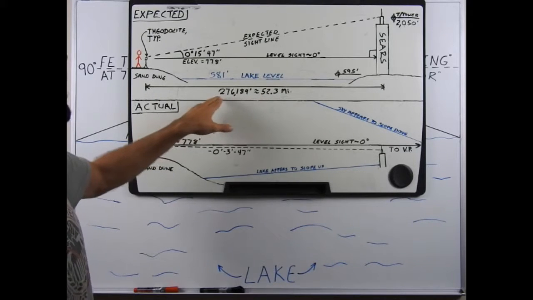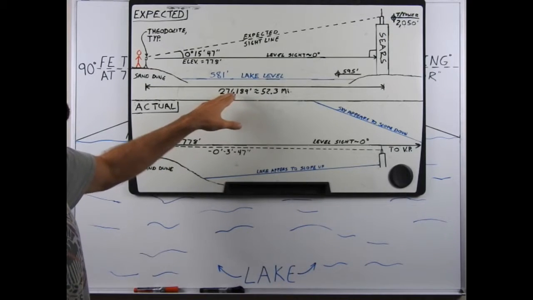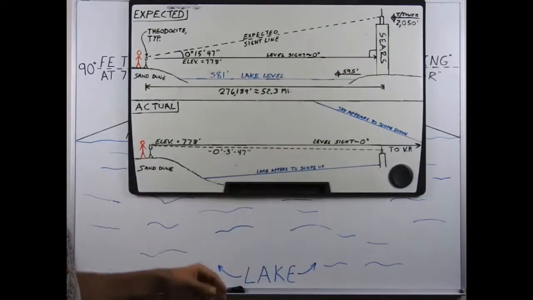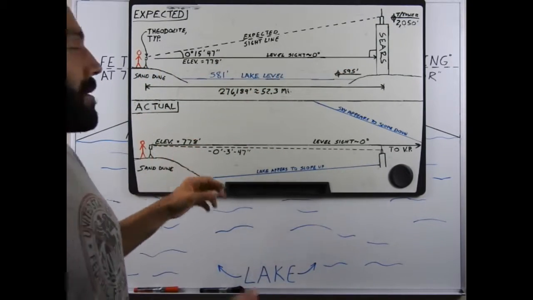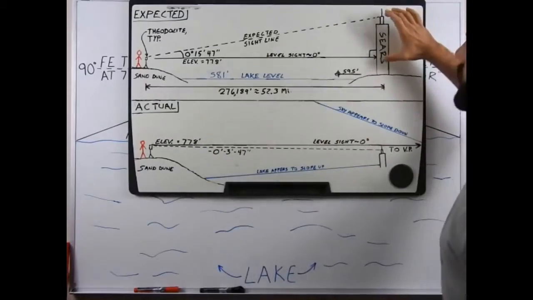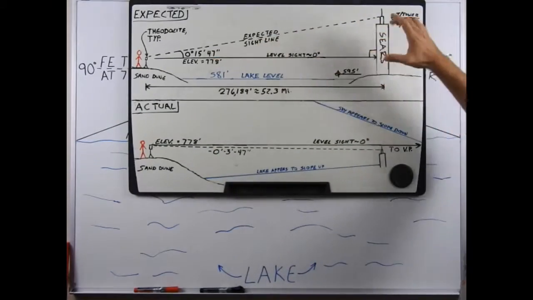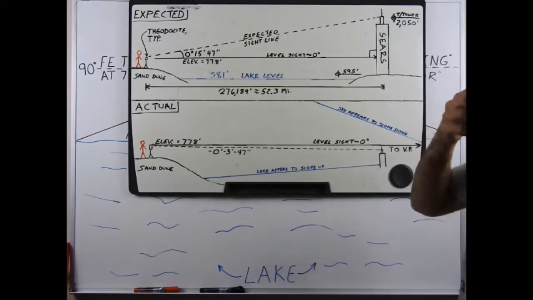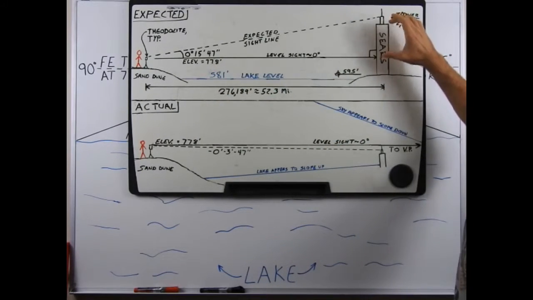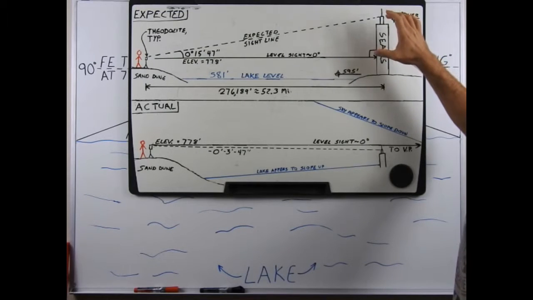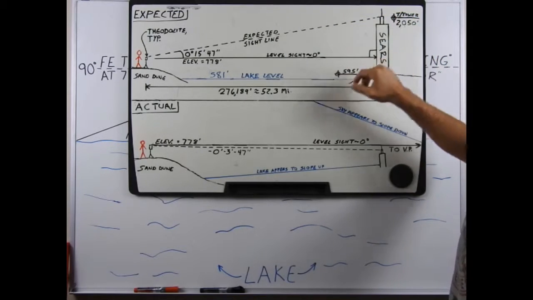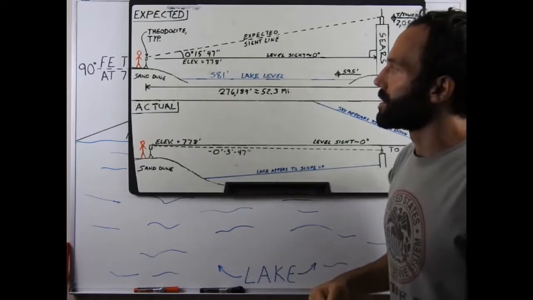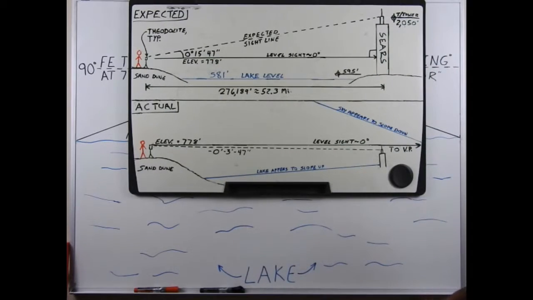You've got 52.3 miles, which is 276,189 feet. That's your adjacent leg for your right triangle. The hypotenuse is the sight line. The opposite leg is 2,050 feet minus 778 feet. The inverse tangent of your opposite leg divided by your adjacent leg gives you this angle, which is 0 degrees, 15 minutes, and 47 seconds.